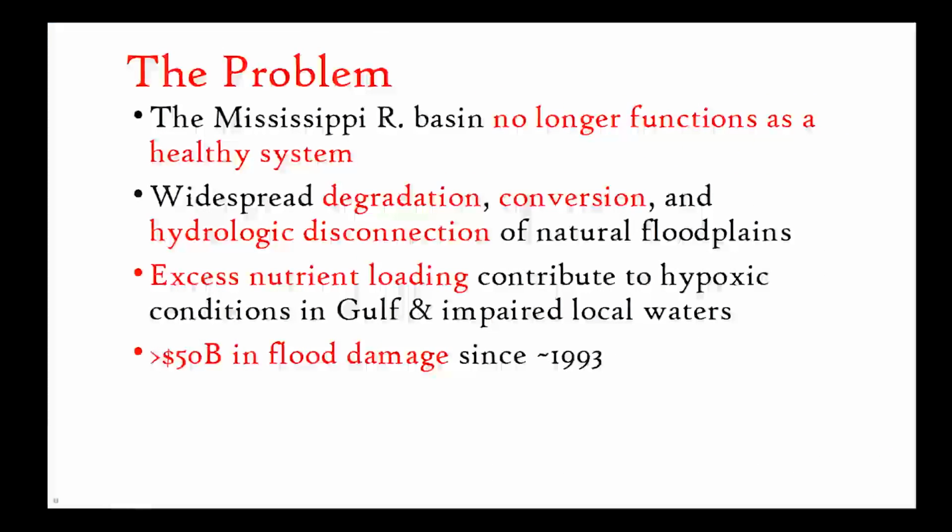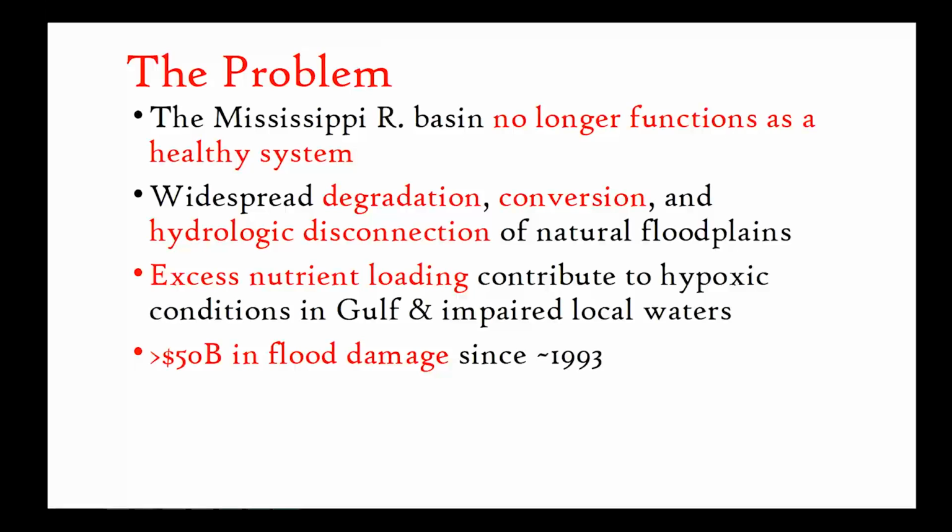So first, what drove us to create an interactive tool focused on floodplain prioritization? I think as many of us know, the Mississippi River Basin has been profoundly transformed to the point where it no longer functions as a healthy river system. There's been tens of millions of hectares of floodplain habitat that have been developed or converted to agricultural use.